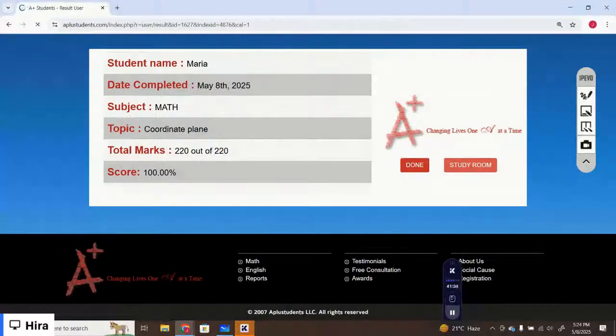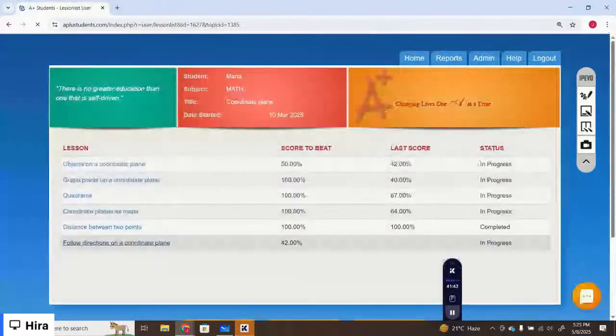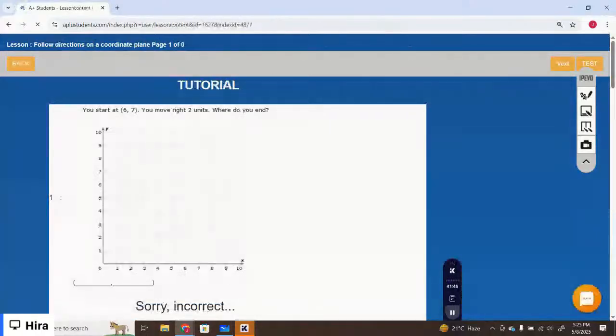The next lesson is follow directions on a coordinate plane. Let's just start with the test questions.